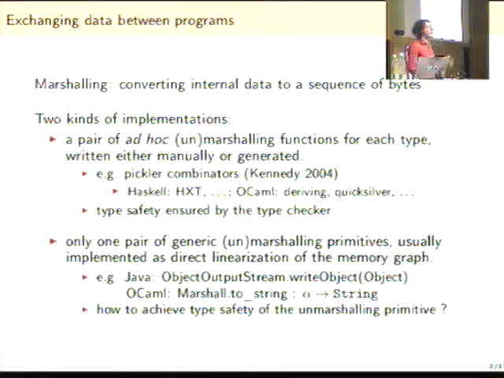The second approach is to only have one pair of generic marshalling and unmarshalling primitives that is not written in the host language but provided by the runtime, for example the Java method or the OCaml function. The question I want to address today is how to ensure type safety in the second kind of unmarshalling primitive.